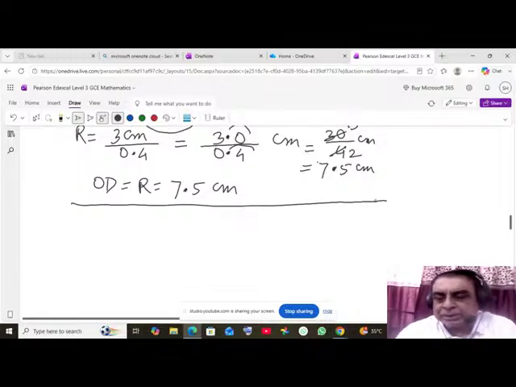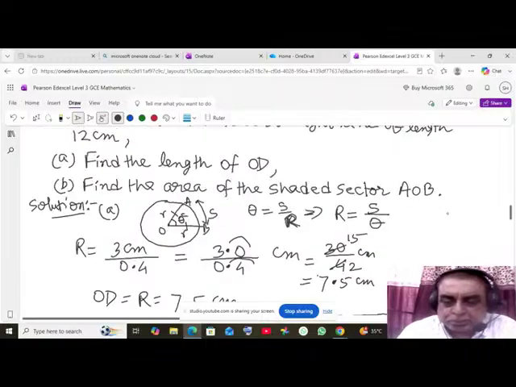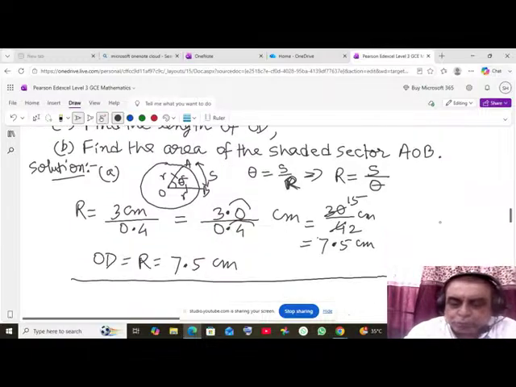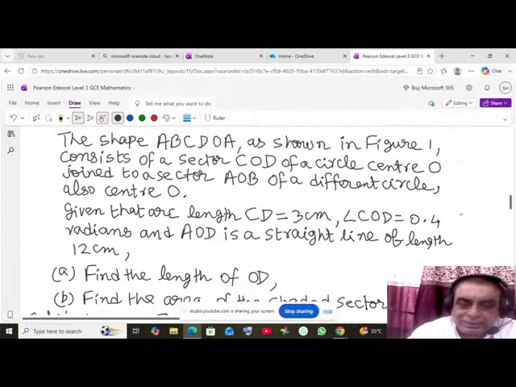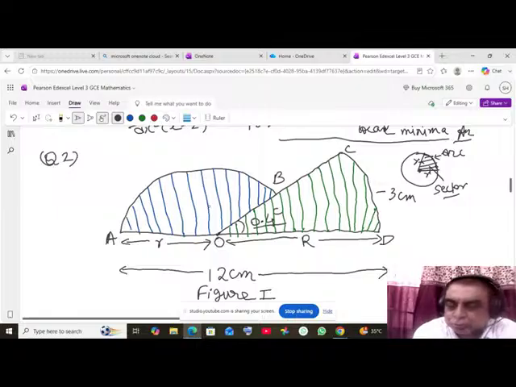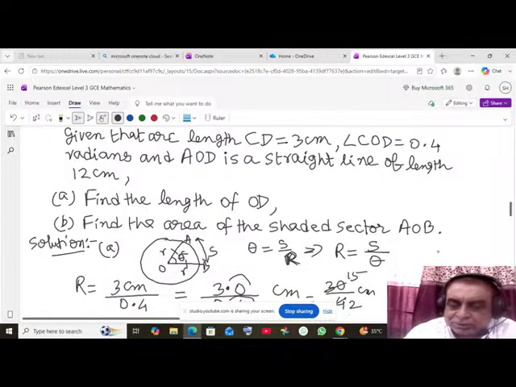Now we are moving to the B part. Find the area of the sector AOB. Here it is asking to find the area of this sector, which is shaded in blue color. Remember the formula for the area of the sector.